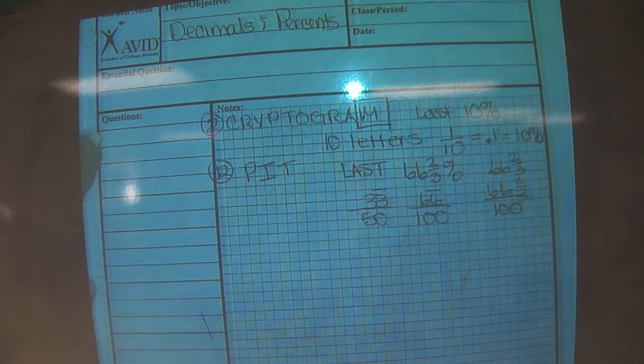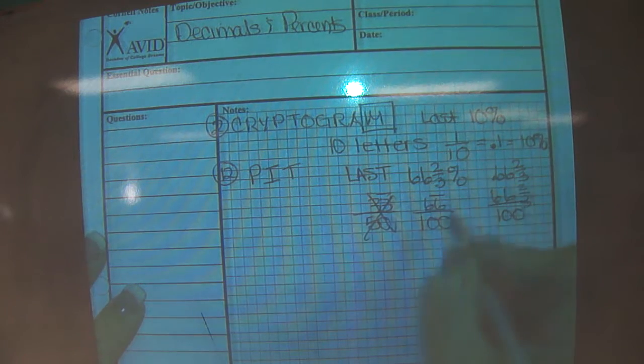And continue. So how many letters will it be? Okay, let's look at this again.